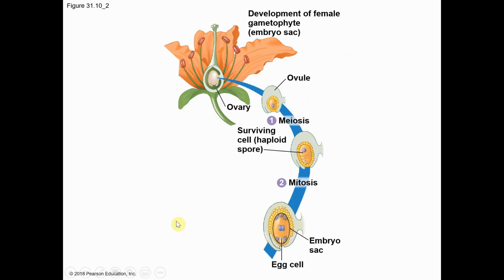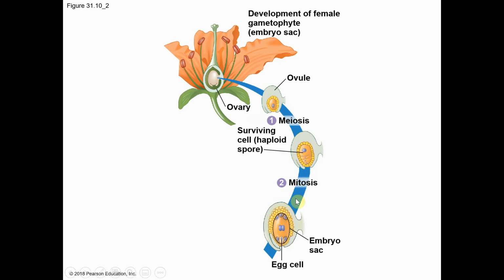Looking at the female gametophyte, which is the embryo sac that will produce the egg, first you want to start off with the ovary. The ovary contains one or more ovules. Looking at one ovule here, it undergoes meiosis. So this is the sporophyte producing a spore. Here you have a surviving haploid spore in the ovule.